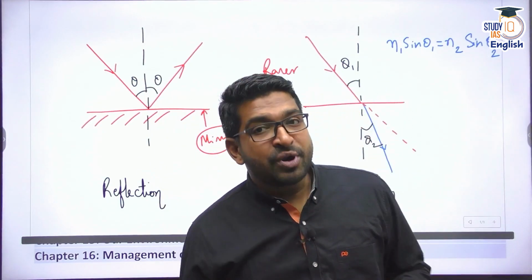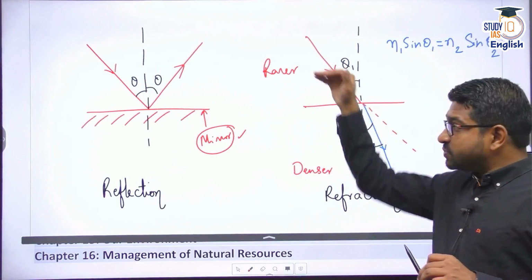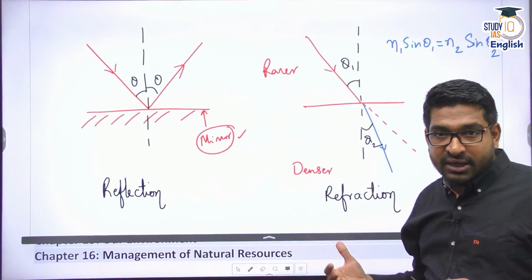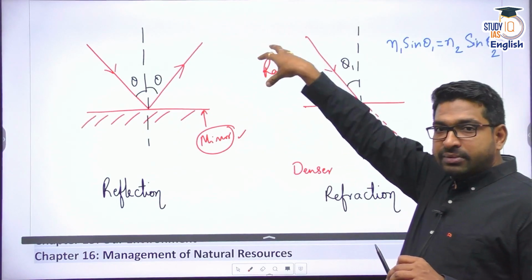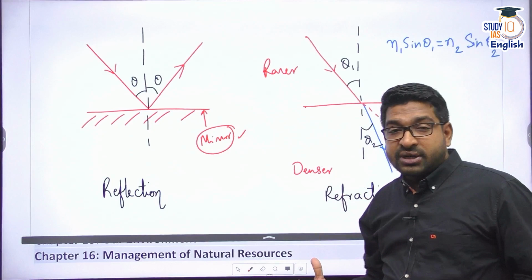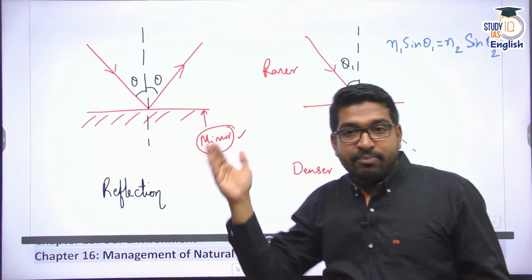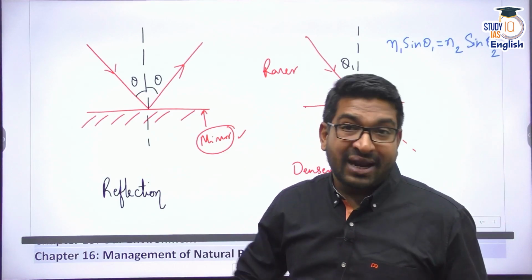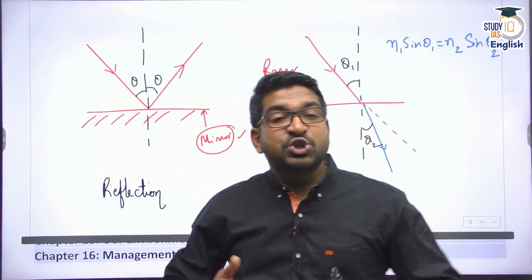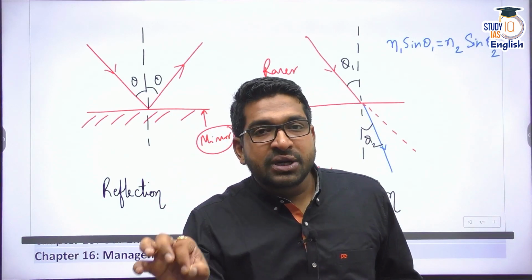And we also spoke about refraction. Now refraction, there is no surface, but there is an interface between two media. Refraction occurs when light passes from one medium to another medium. Why does refraction occur? The light ray which is traveling bends. Bending of light is called refraction, and that bending is because of change in velocity of light when it passes through a particular medium.